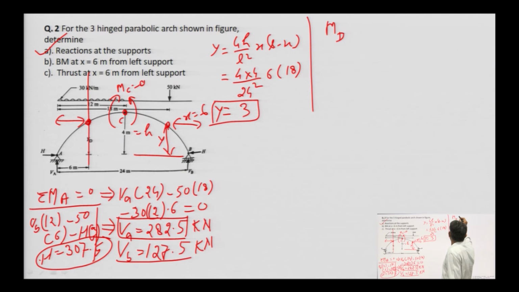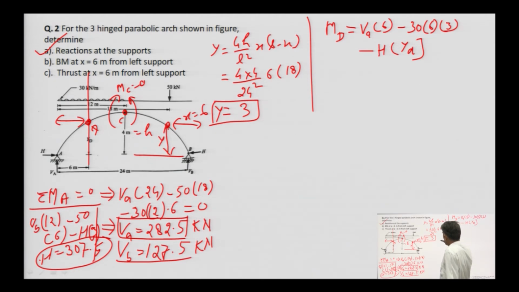That point is D. So, M D is equal to V A into the horizontal distance, which is 6, minus UDL 30 into 6 into 3, minus H into Y. H we have calculated, and Y is Y d, which we calculate by putting x equal to 6.